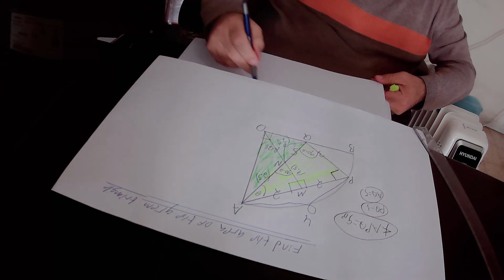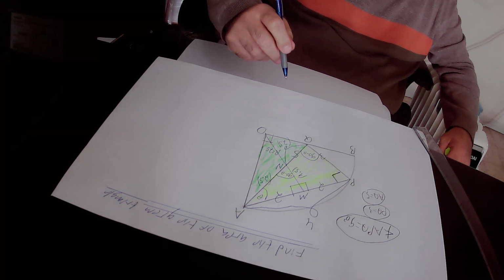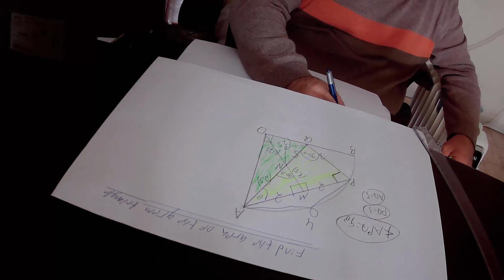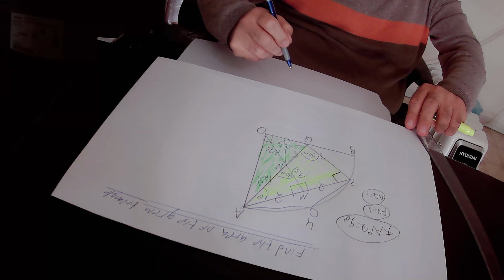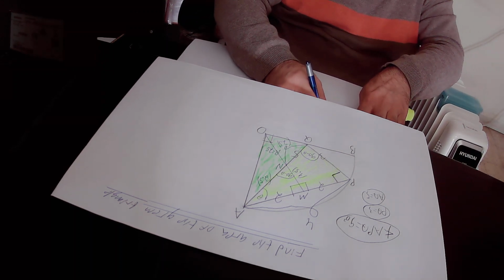In the next step, we will implement the Pythagoras theorem on the right triangle OMA. So I will copy the right triangle OMA in a new page.